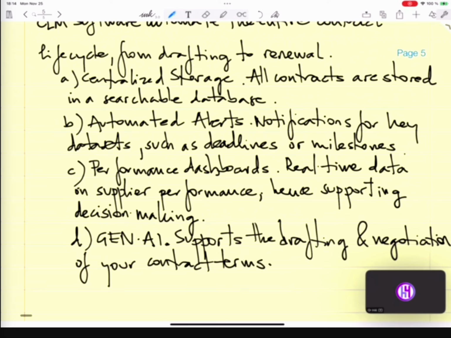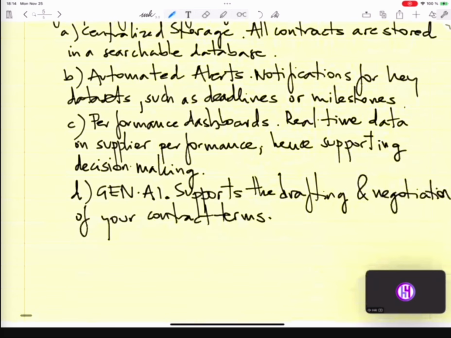This is, as I said, a big deal right now. It's a business, okay? It's a business model. All right, so that's pretty cool.